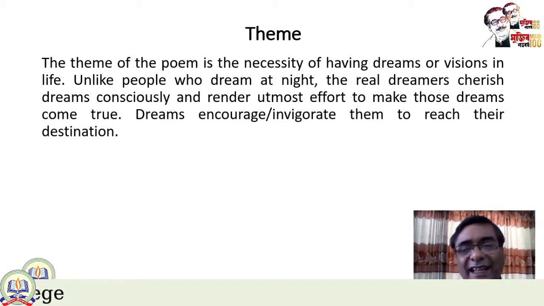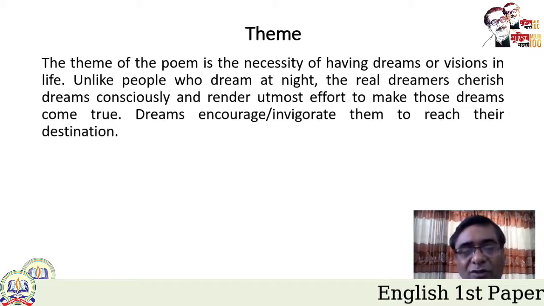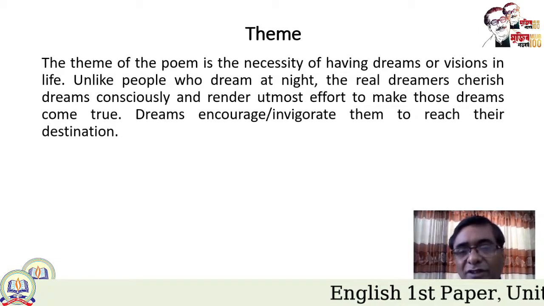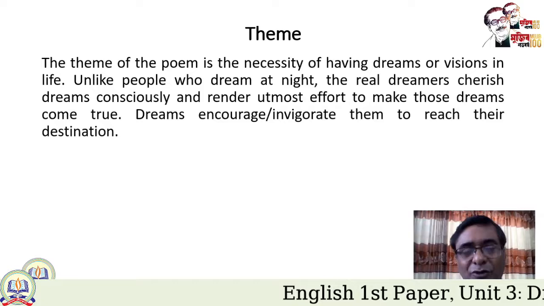And we have just extended the theme of the first sentence, saying that unlike people who dream at night, the real dreamers cherish dreams consciously and render utmost effort to make those dreams come true.